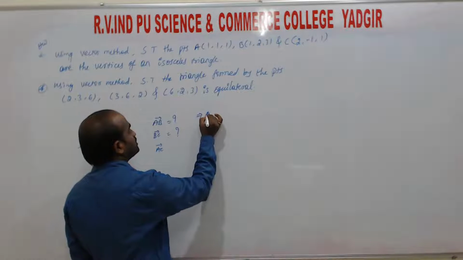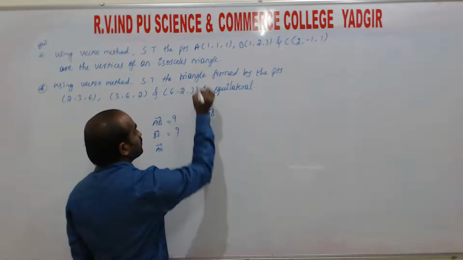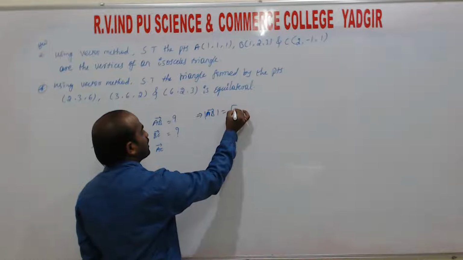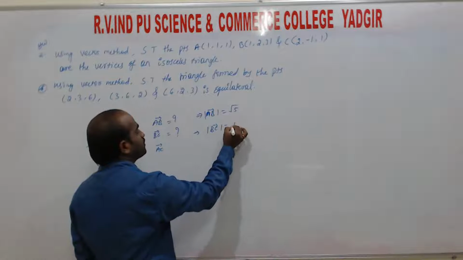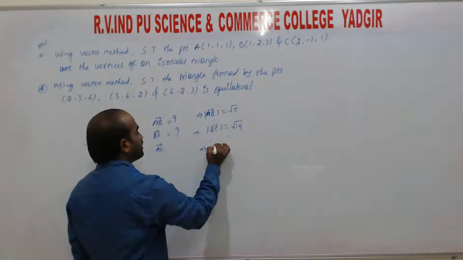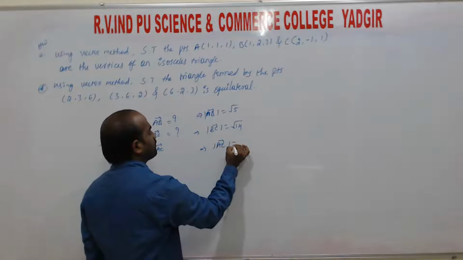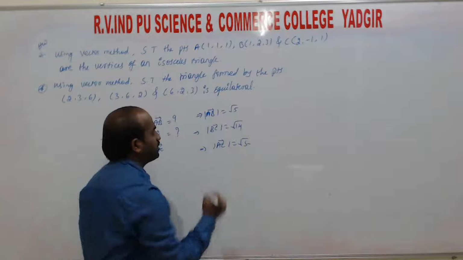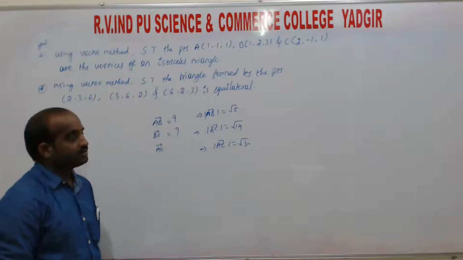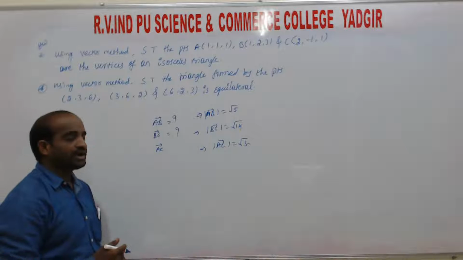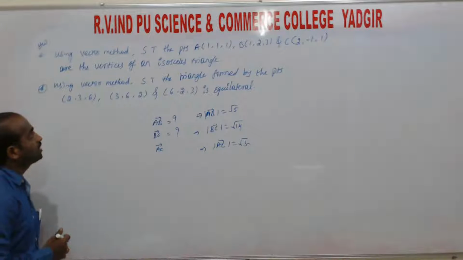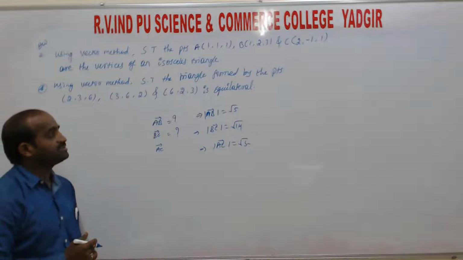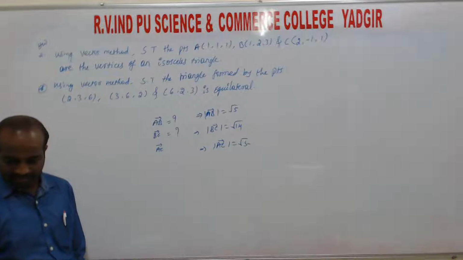Magnitude of AB is root 5. This one is root 14. Check it. And magnitude of AC is root 5. Magnitude of AB equals magnitude of AC, root 5, hence the given triangle is isosceles.